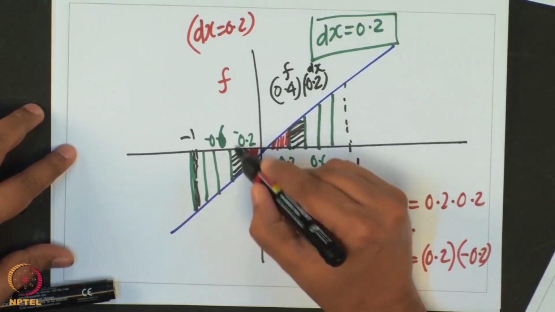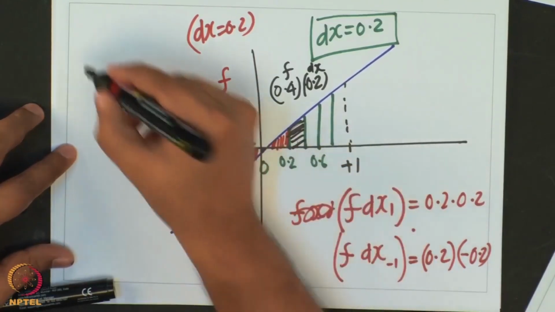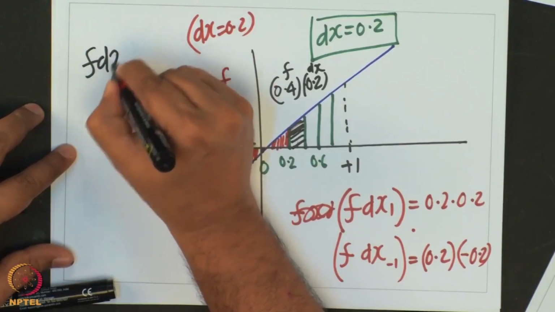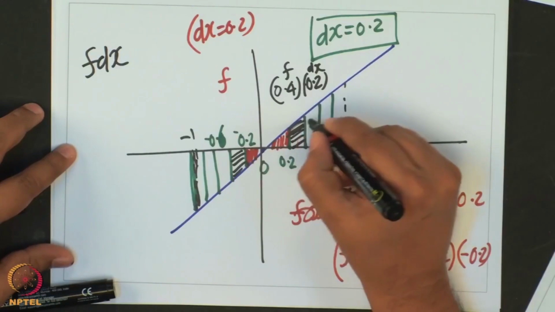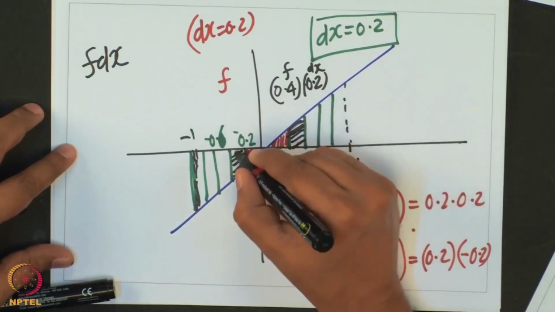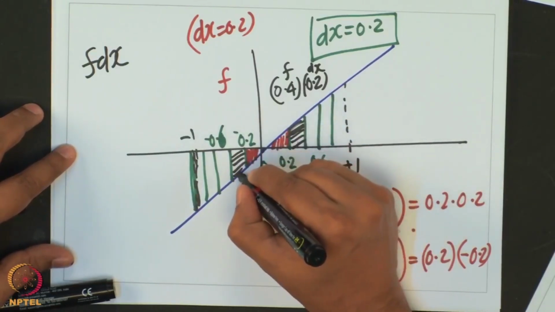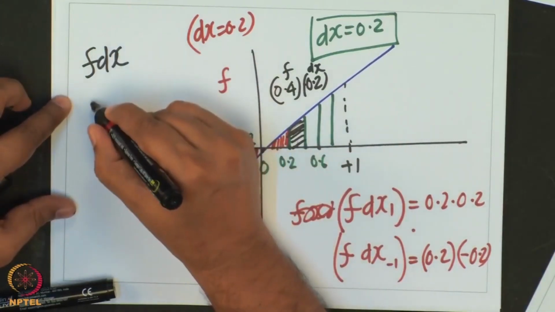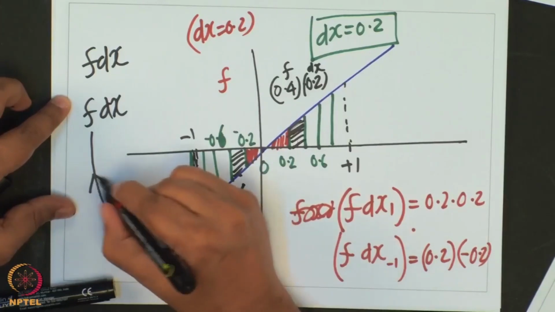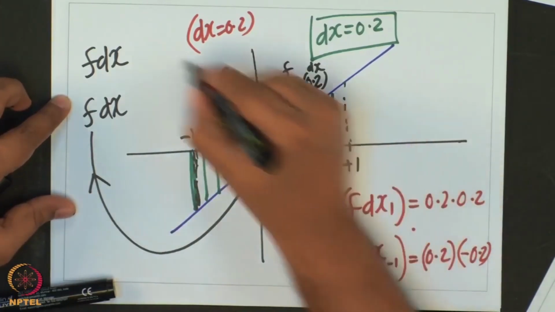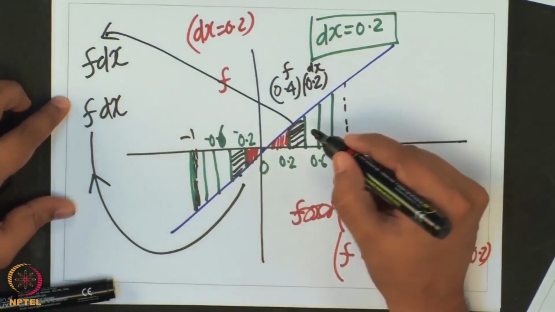Here the function is negative and the interval is the same. So f dx, if I do this, is a positive number, so this area is positive. Here the function value is negative, so this would give a negative area. Why would this give you a positive area?